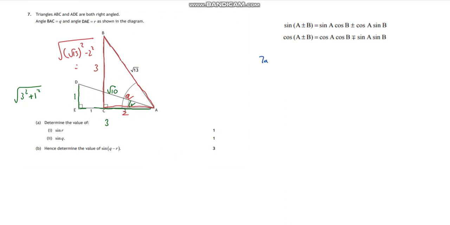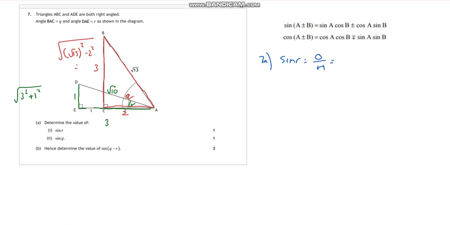So 7a, if I've got sine of R, I'm doing the opposite over hypotenuse, because it's SOH CAH TOA. And for R, the opposite is 1. I'll do the whole thing in green just to keep the theme going. So sine of R is opposite over hypotenuse.